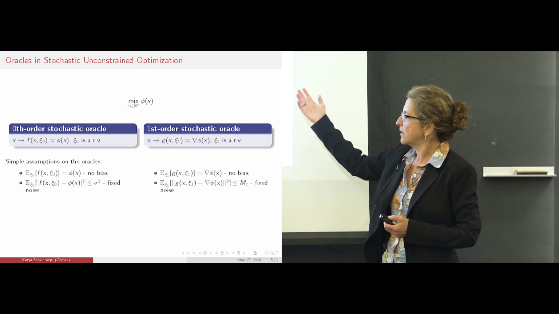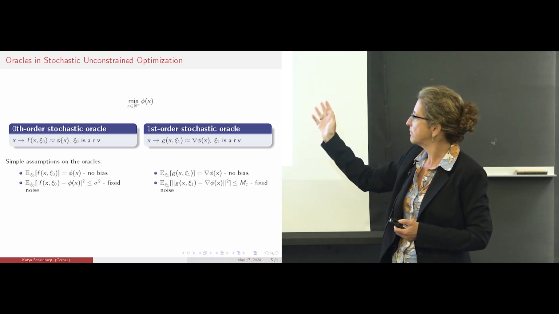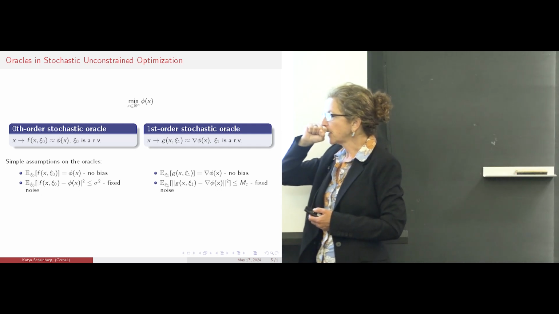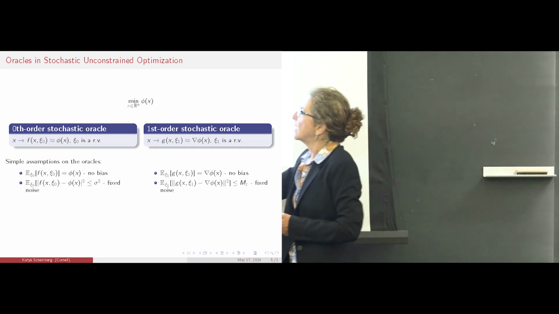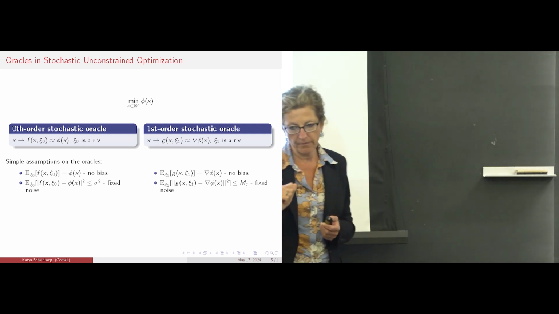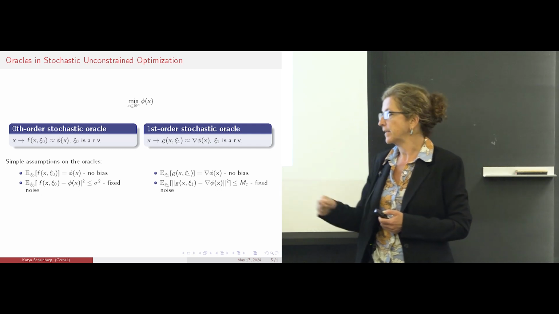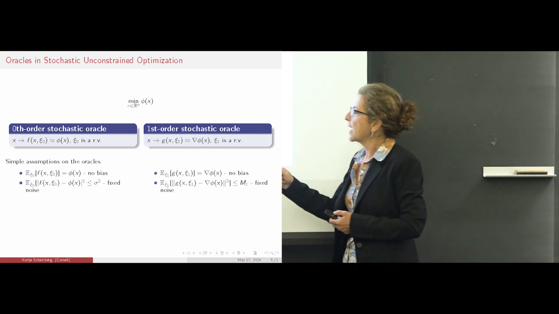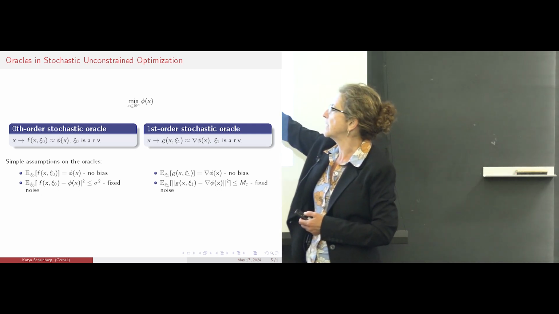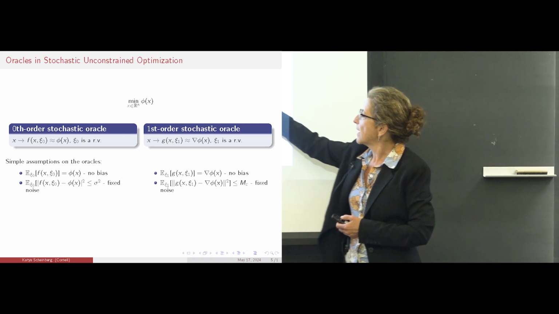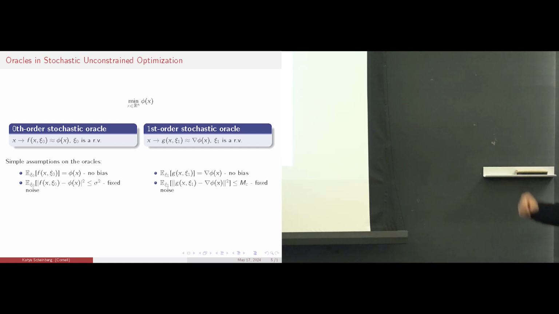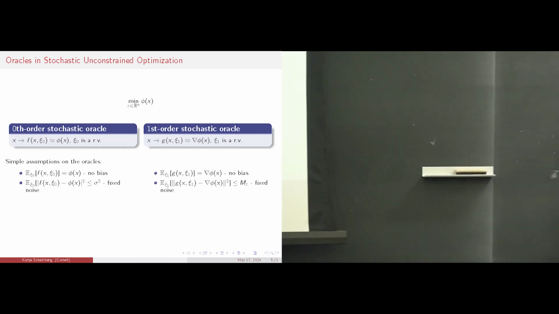Well, these are things that happened maybe even 10 years ago, whatever. The assumptions were very basic. The assumptions usually would be that the estimate that you give me is unbiased. So in expectation, it gives me the true value, and that it has a bounded variance. The same thing for the gradient. The estimator is unbiased, and the variance of the estimate is bounded by some fixed value, right?